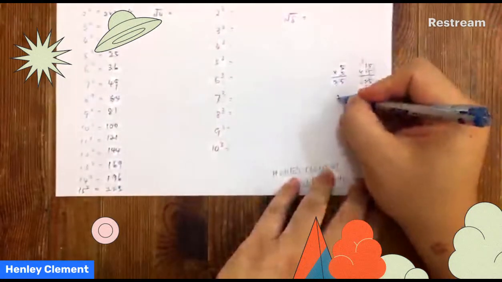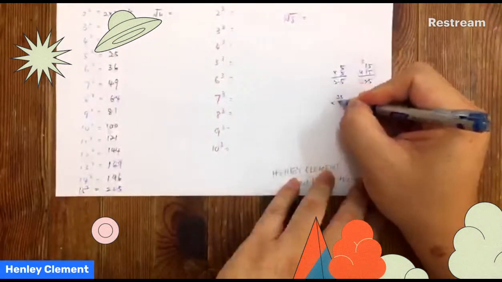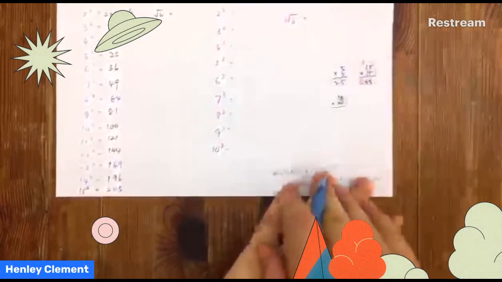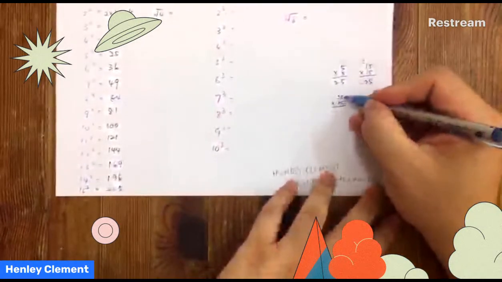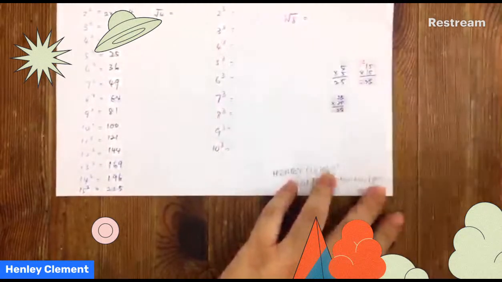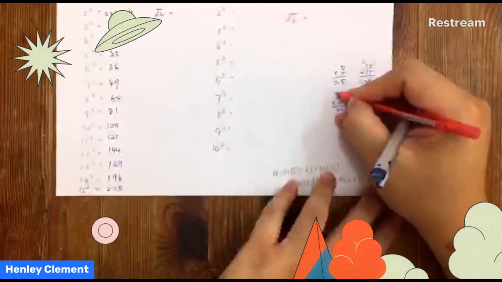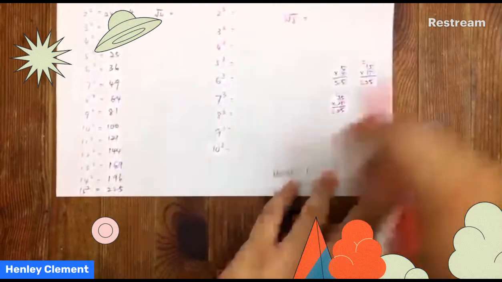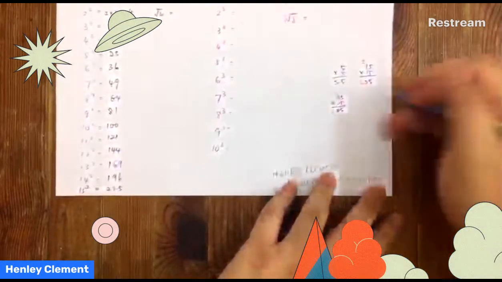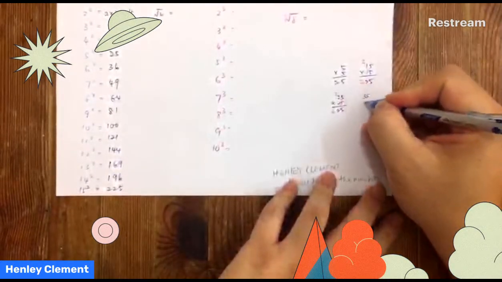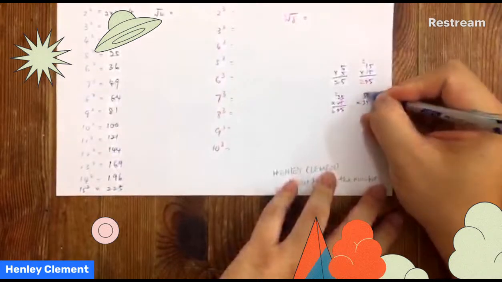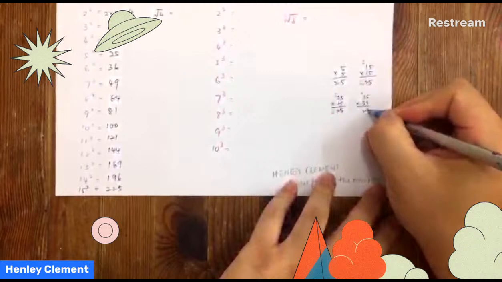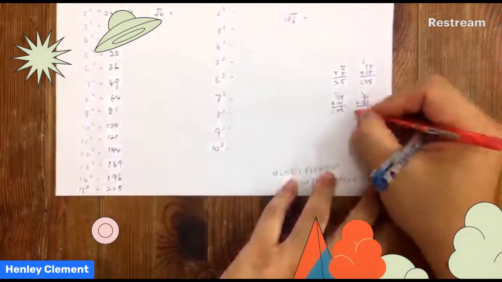You may try further numbers, for example 25 times 25. The number must be the same, and the last digit must be 5. Immediately you write 25 here, then you make one of the 2s become 3, so 3 times 2 is 6. If you press your calculator, this answer is true. You may try 35 times 35: this number becomes 4, so we write 25 here, and 4 times 3 gives 12.